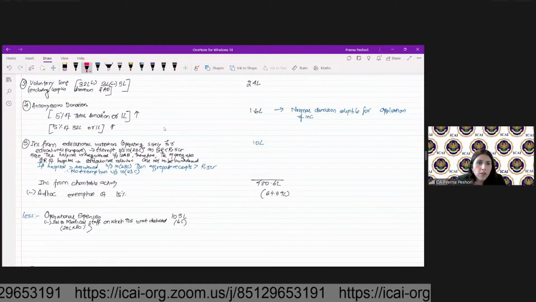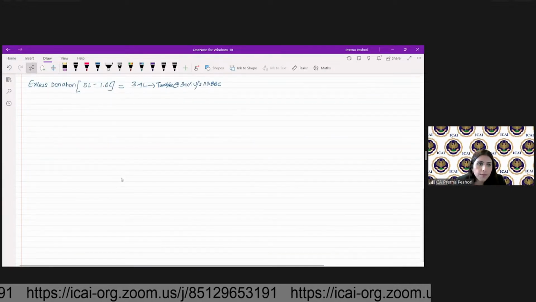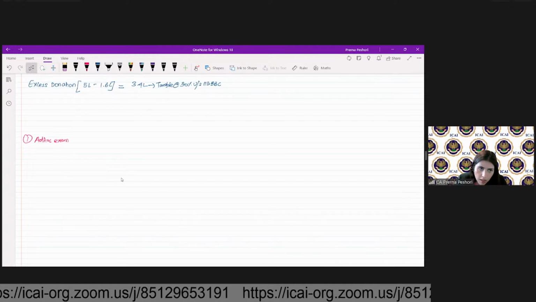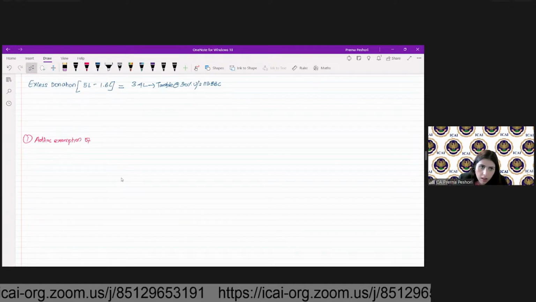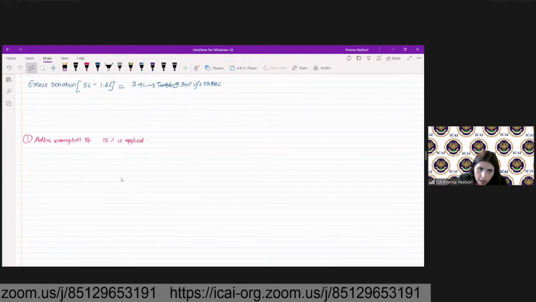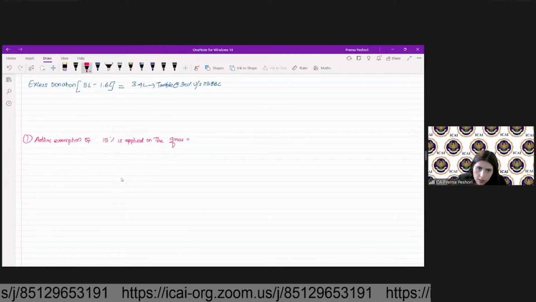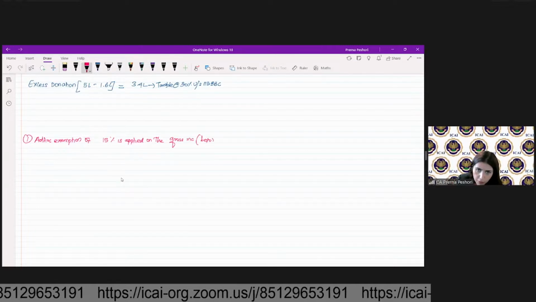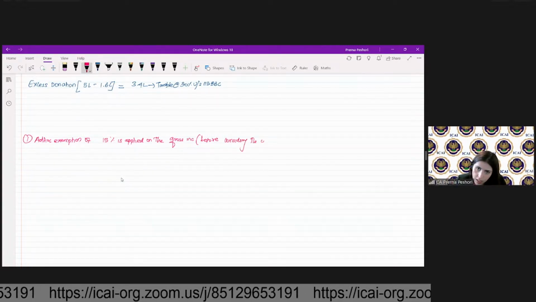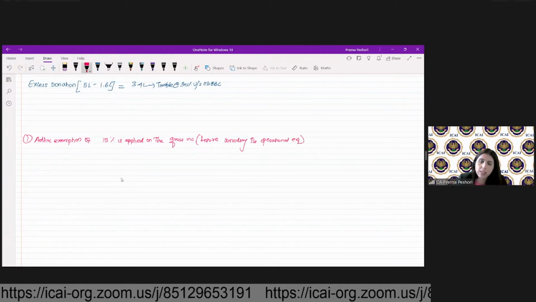So here you have to write the note. What is my note here? The ad hoc exemption of 15% is applied on the gross income before considering the operational expenses.